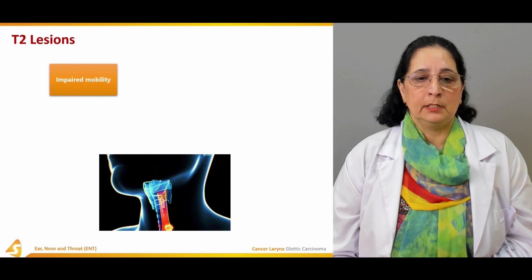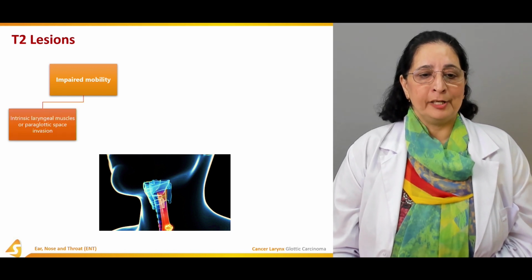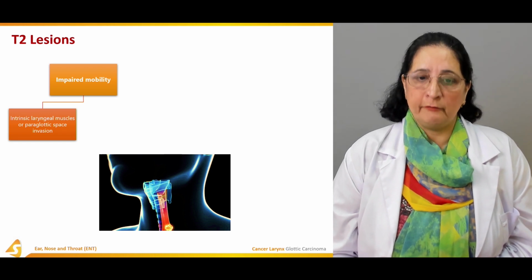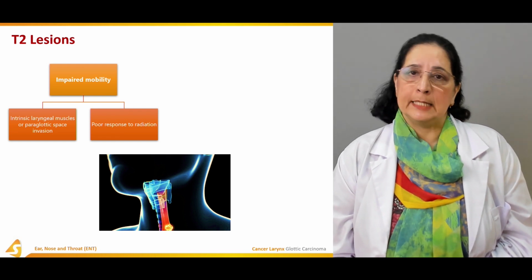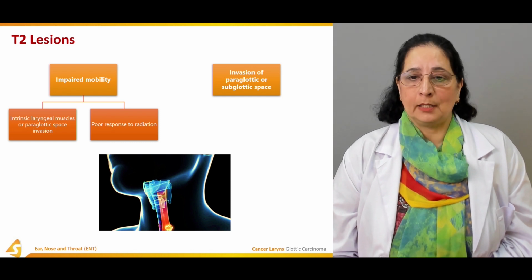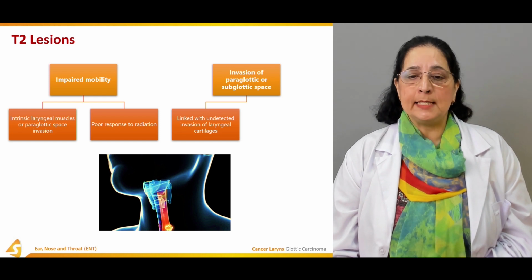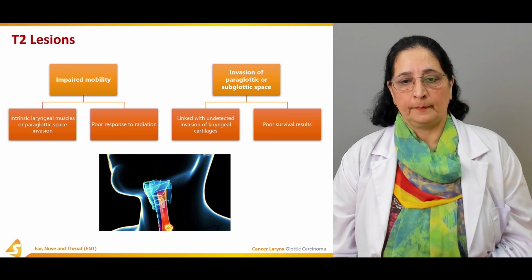T2 lesions are associated with impaired mobility, intrinsic laryngeal muscles or paraglottic space invasion, and poor response to radiation if there is impaired mobility. Invasion of the paraglottic or subglottic space is usually linked with undetected invasion of laryngeal cartilage.